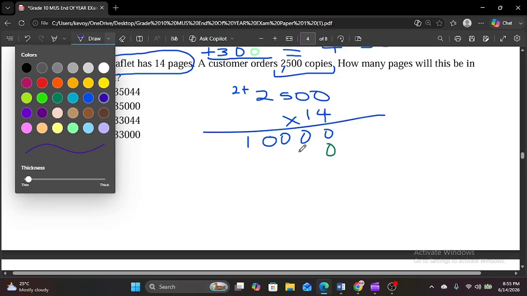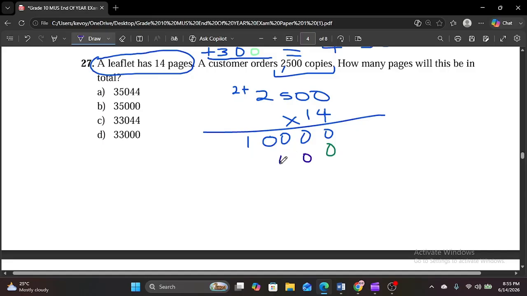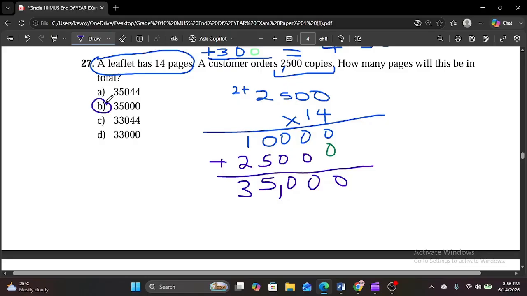So that's 1 times everything, so that's going to be 0, 0, 5, and 2. Then we add, so that's 35,000. So that's going to be B.